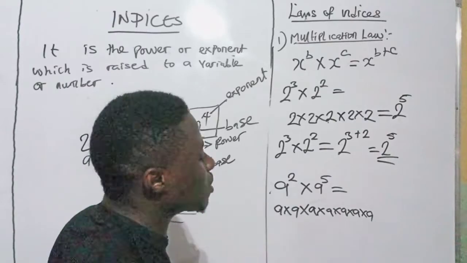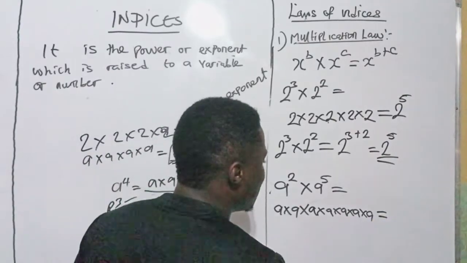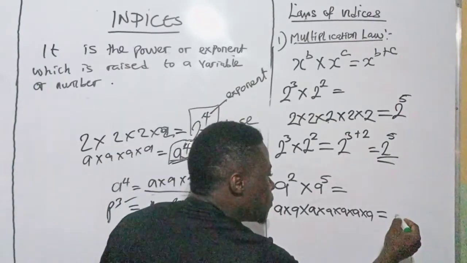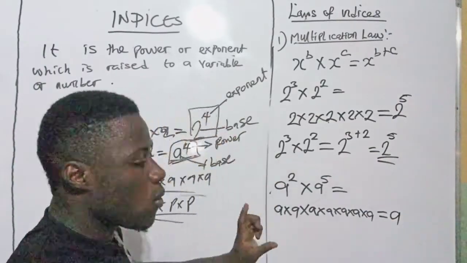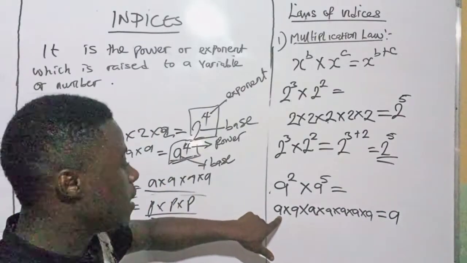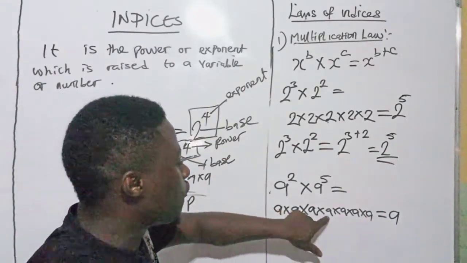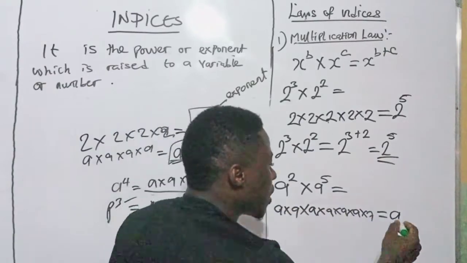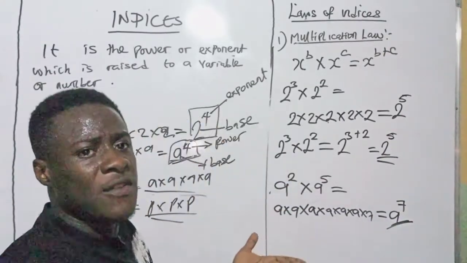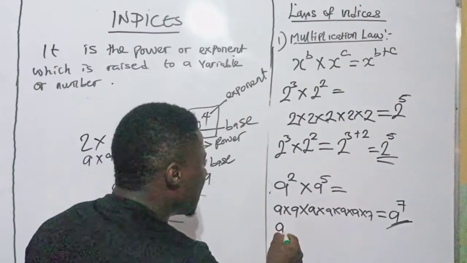Now look at this. A in question here is the base. I'll just pick one of the A as the base. How many times does this A occur here? We have 1, 2, 3, 4, 5, 6, 7.